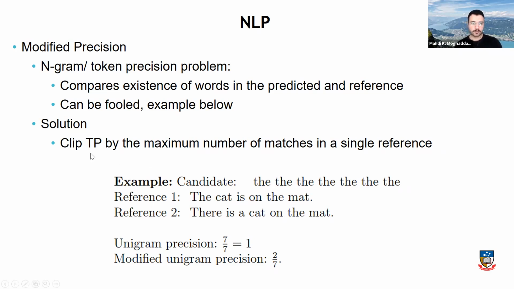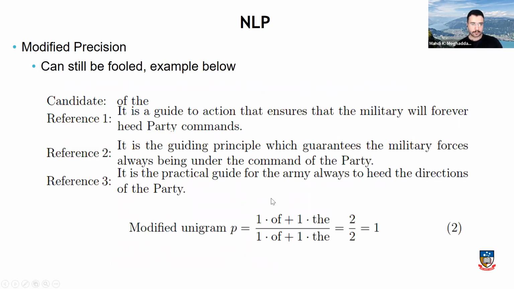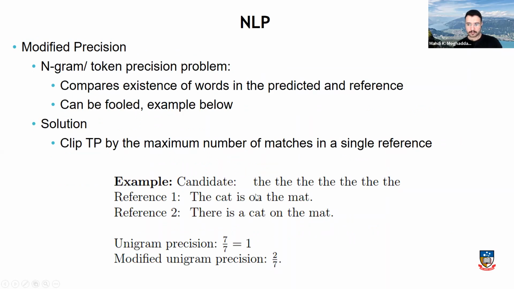It is not predicting anything useful. One way to solve that, a step forward from the original precision, is modified precision. And what that is basically, I think you get the maximum of the number of times that your predicted word exists, not counting it all the times.